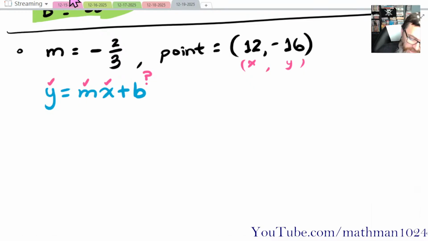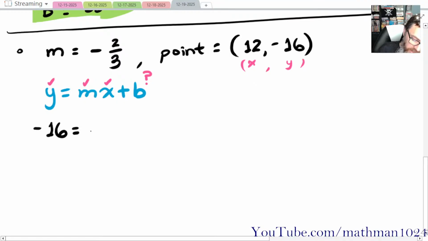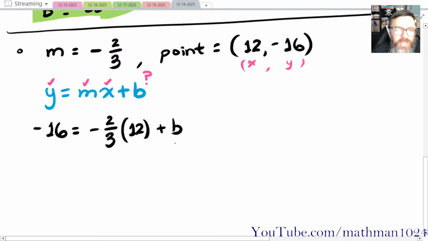All right, so let's plug in. y is negative 16. My slope is negative 2/3 times x, which is 12, and then plus b. Now, don't be afraid of multiplying fractions. Remember, 12 is 12 over 1.